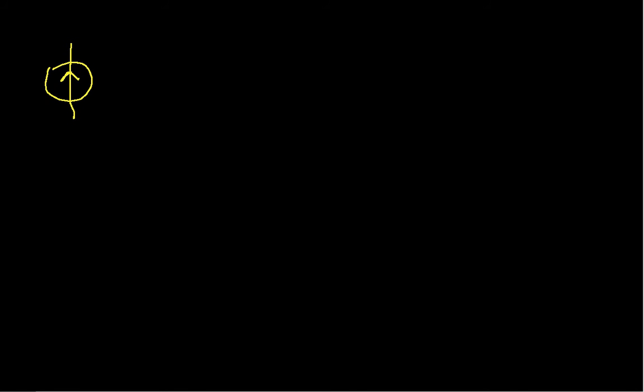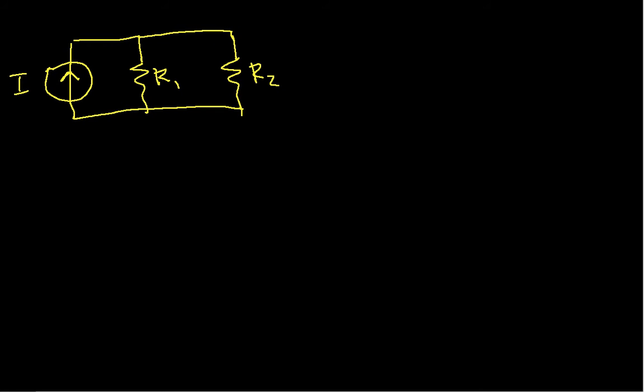So I have some current here, which I'll just call I. I have a resistor R1 and a resistor R2. And if I want to know the current through the R1, I1 is my current times R2 over R1 plus R2.